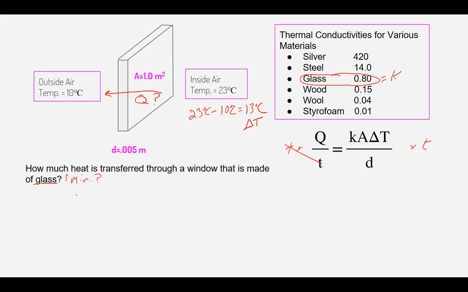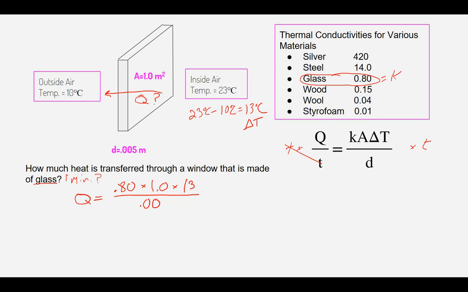We're going to write down Q, and this can also be written down in your notebook. Q equals K, which we already said is 0.8, multiplied by A, which is 1 meter squared, times delta T, which is 13, and we're going to divide that all by our distance, which is 0.005.